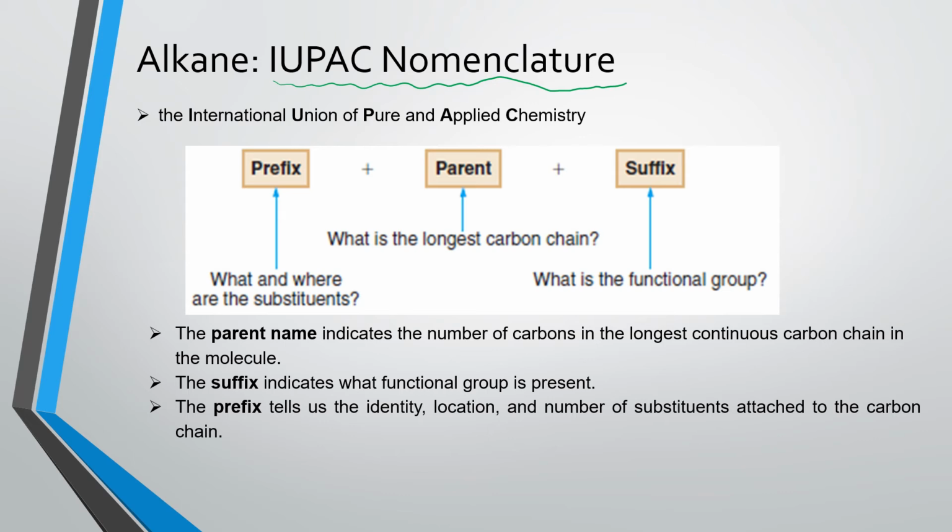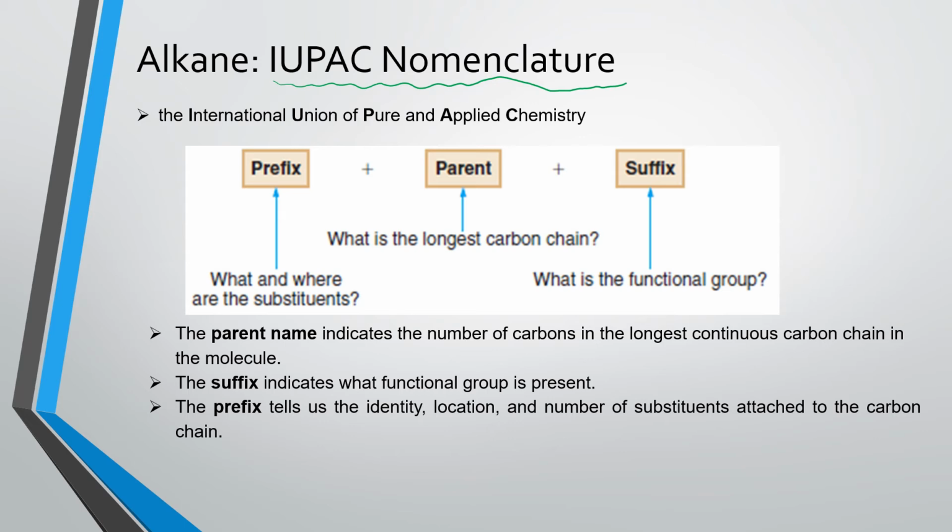IUPAC is the International Union for Pure and Applied Chemistry. They set rules in naming these organic compounds para lahat ng mga chemists in the world will understand each other when they name such compounds. Galing sa Pilipinas man yan, galing sa Korea, Japan, and so on.